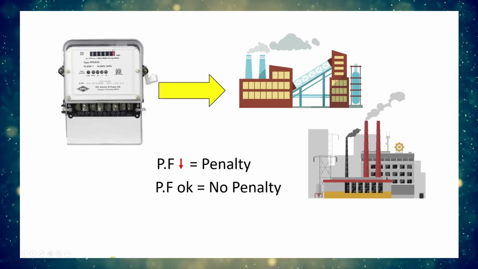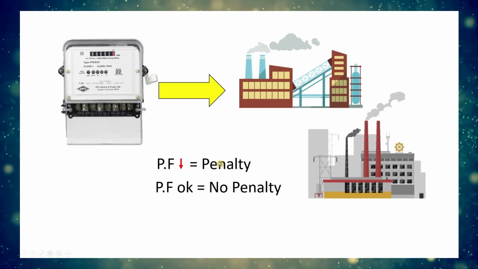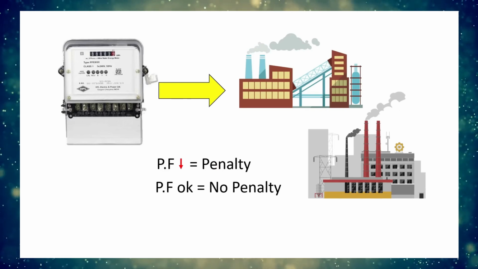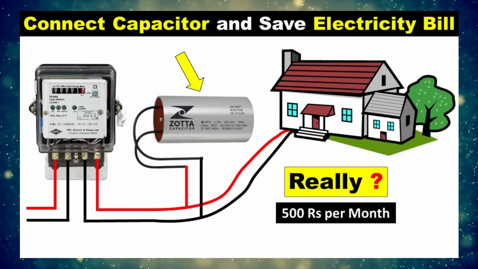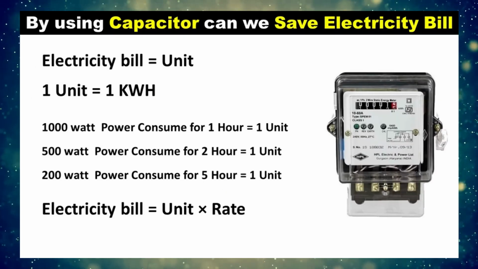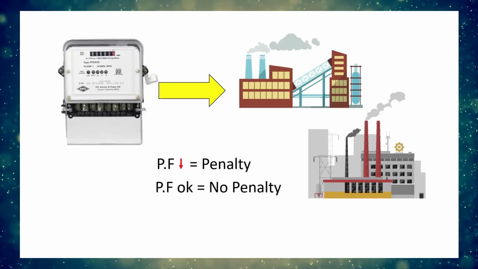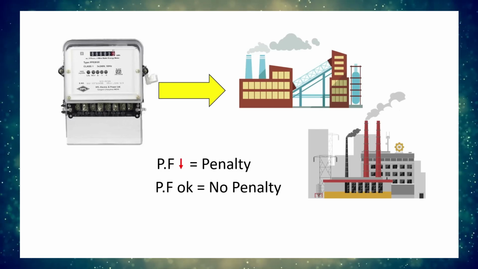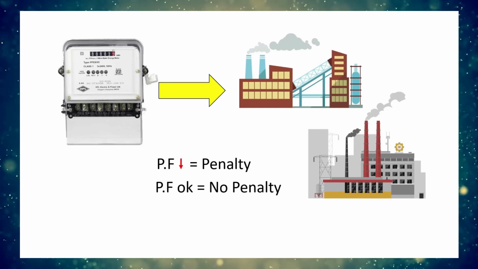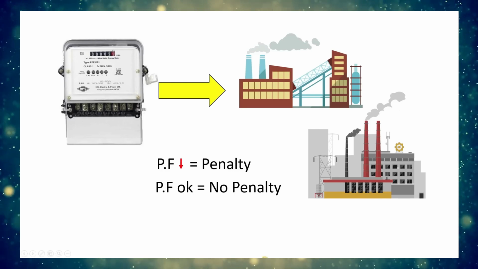But friends, you have to understand one thing here: the life of the electrical devices in your home gets increased if you improve the power factor of the supply to your home. Besides, I want to tell you one more thing. In industries, if the power factor in the power supply is low, then they have to pay a penalty, and if the proper power factor is there, they don't have to pay any penalty.